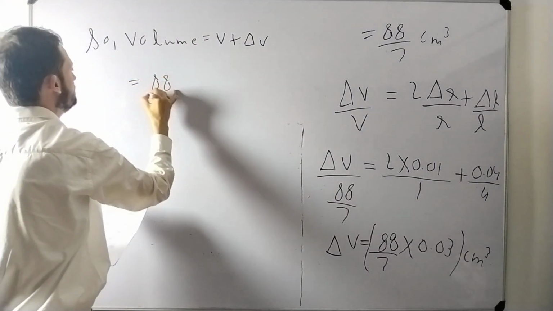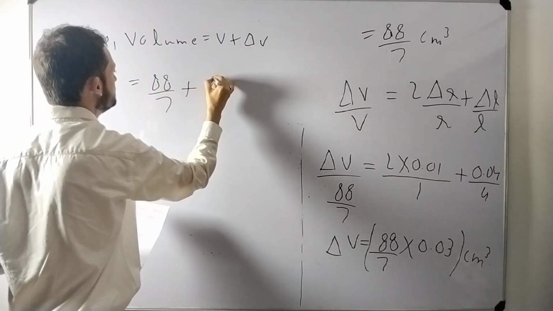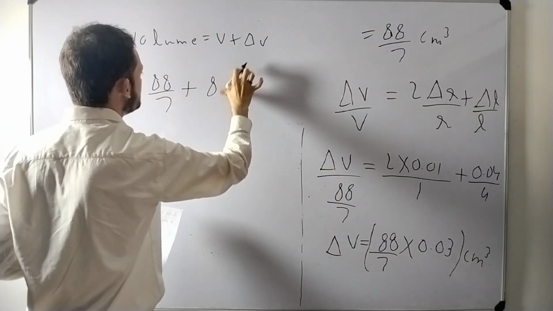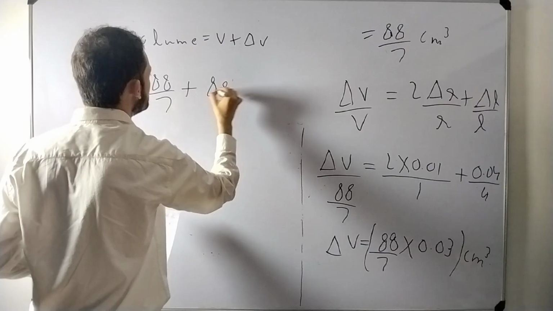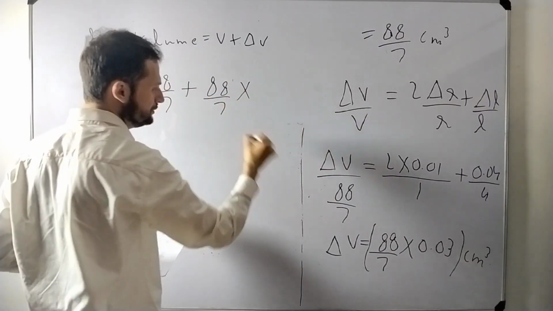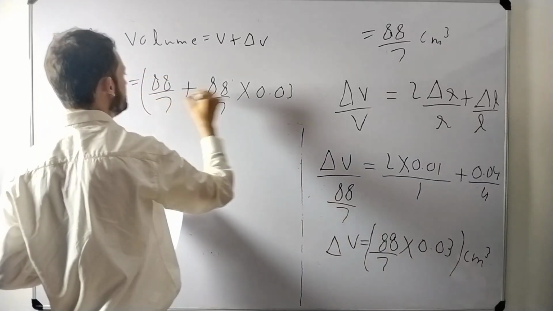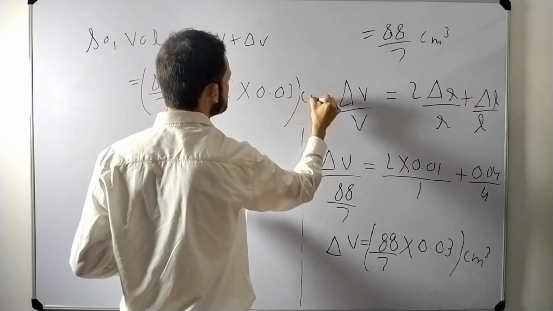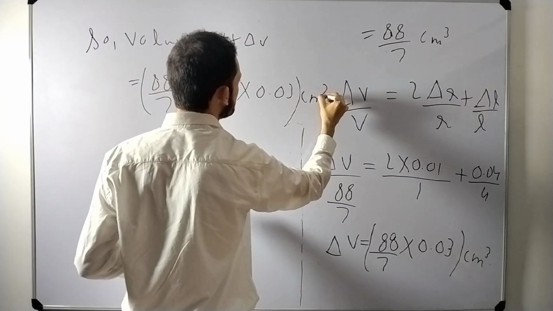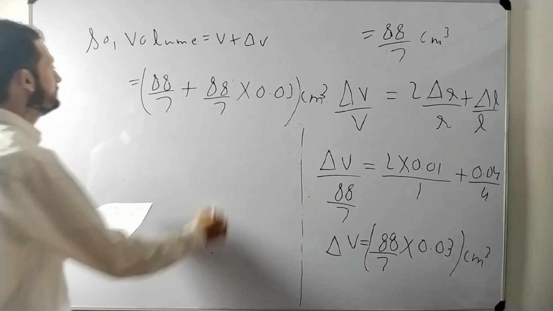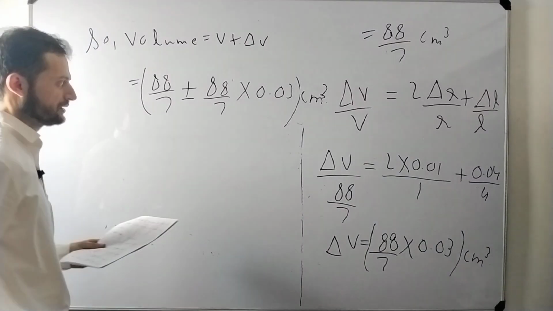And what was our V? 88 upon 7, 88 upon 7 plus minus 0.03 centimeter cube. Yes, you are right, plus minus.